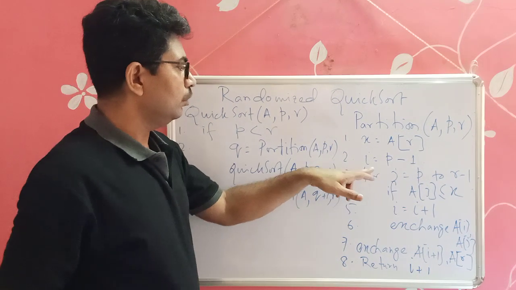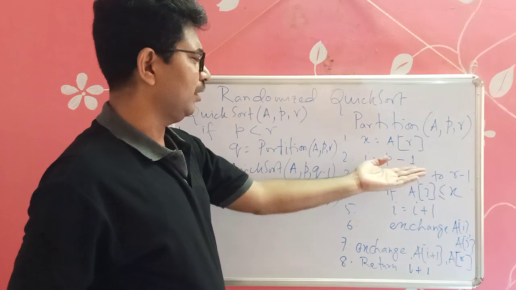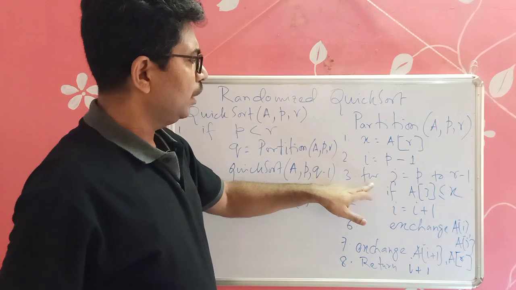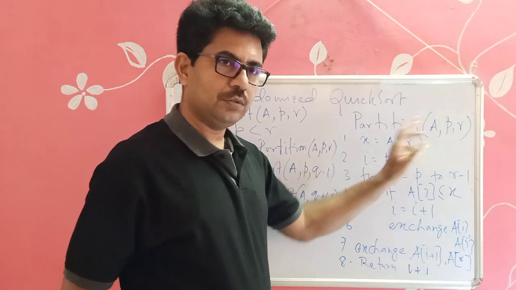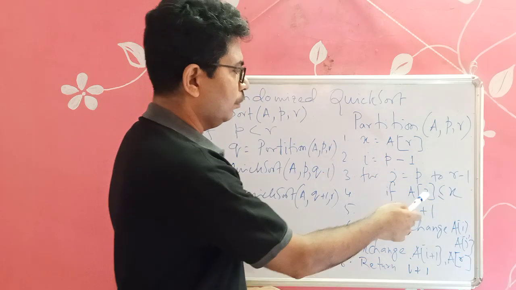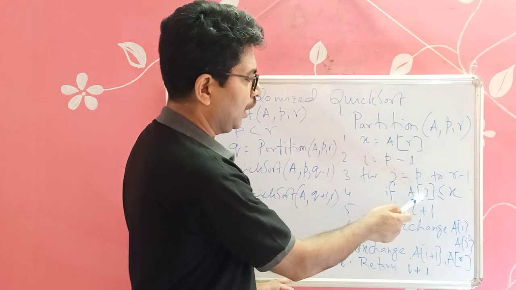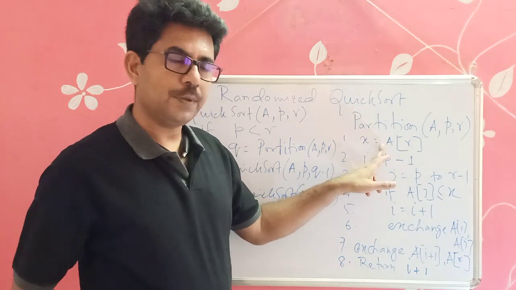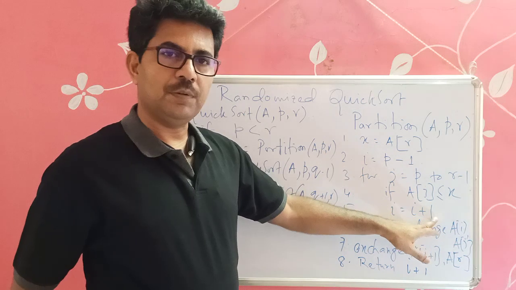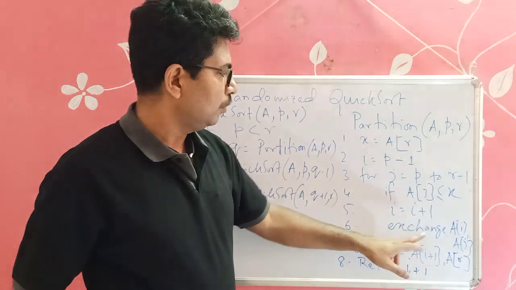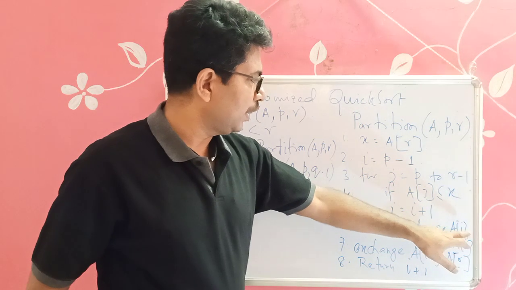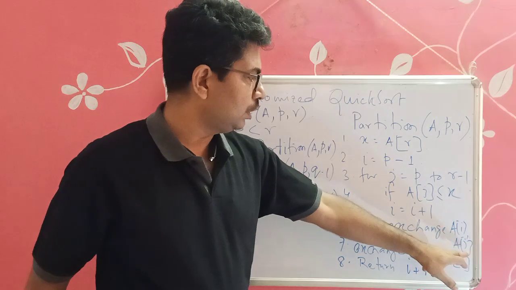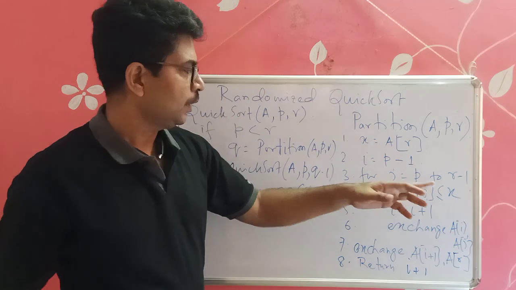Then we have considered one variable i equals p minus 1, all of you are aware. Then for j equals p to r minus 1, we will check whether there is any element A[j] which is less than or equal to the pivot element or not. If yes, then we will increment i and exchange the values A[i] with A[j].